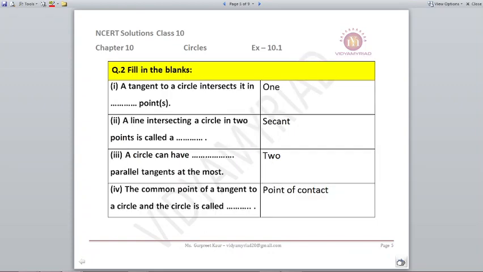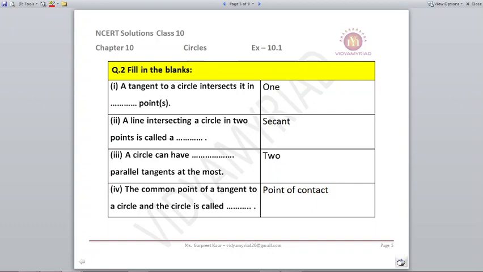Question number 2. Fill in the blanks. Number 1. A tangent to a circle intersects it in dash points. So only at one point, as we have discussed. Number 2. A line intersecting a circle in 2 points is called a secant. We have studied this earlier also. Third, a circle can have dash parallel tangents at the most.